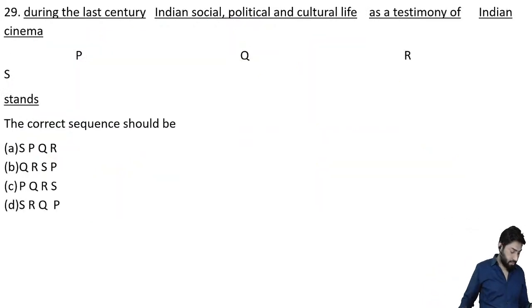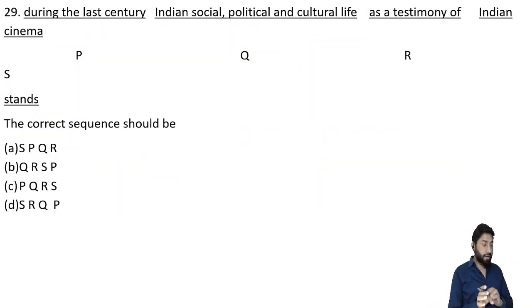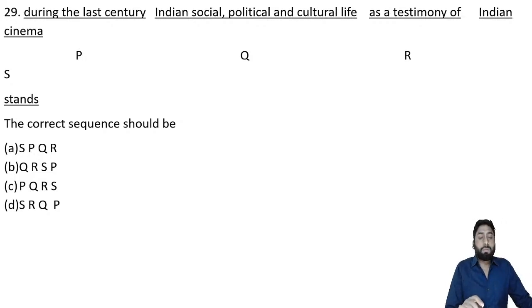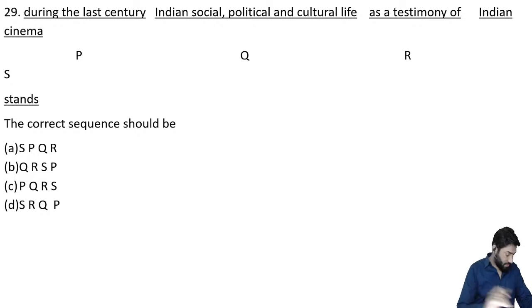29, right? So I think typed well, typed correctly. During the last century, Indian social, political, and cultural life as a testimony of Indian cinema, right? Stands. So typed properly, stands in the end. Yes, yeah. Let's see, in this also for now. During the last century could be the beginning.